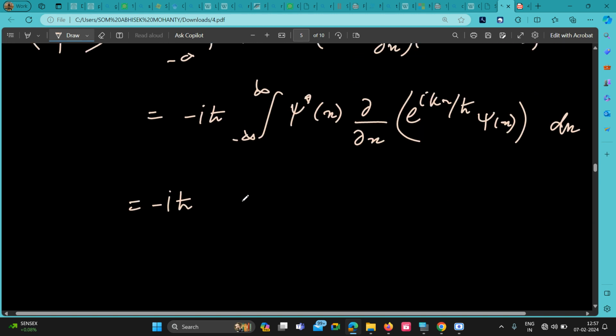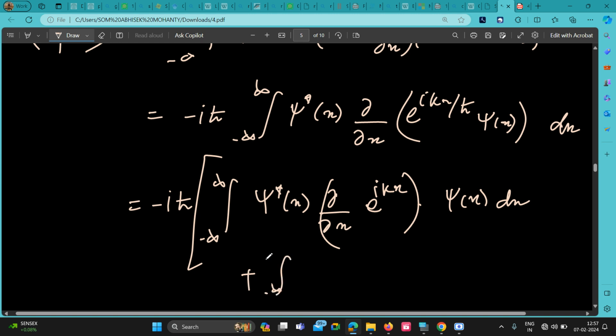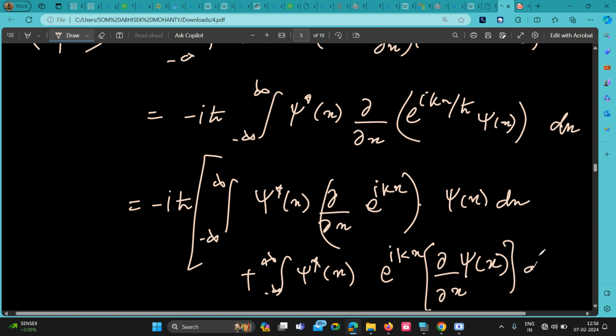So minus i h cut, integral from minus infinity to infinity of psi star x, first the derivative of e to the power i k x, then i k into psi x dx, plus the integral of psi star x, then e to the power i k x will be out, and del by del x of psi x. Simple basic derivative, d by dx of u into v.